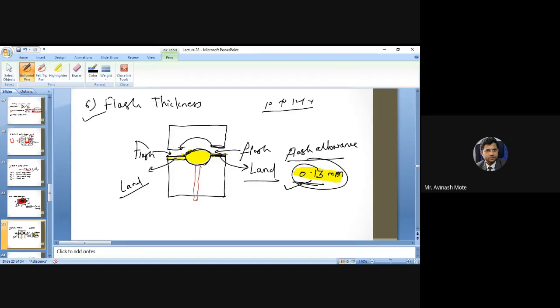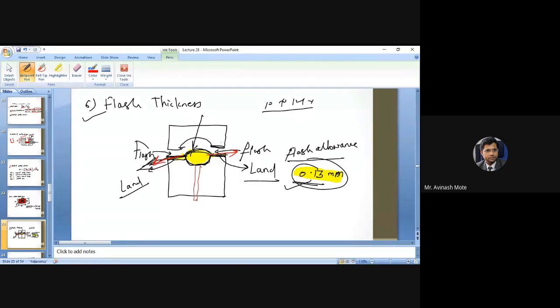Whenever the raw material is inside the cavity and you push the top mold, or try to compress this raw material inside the cavity, some material will try to escape from this cavity, in this direction, this way and this way.